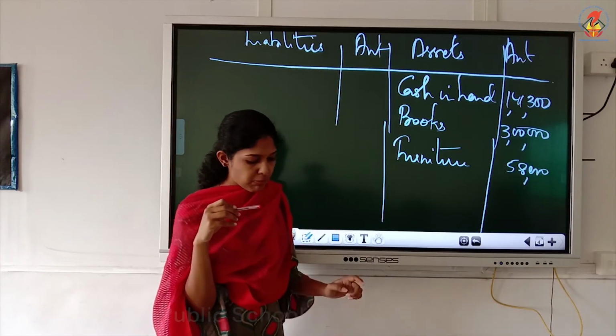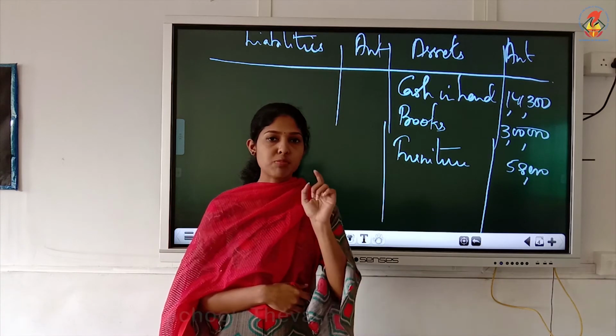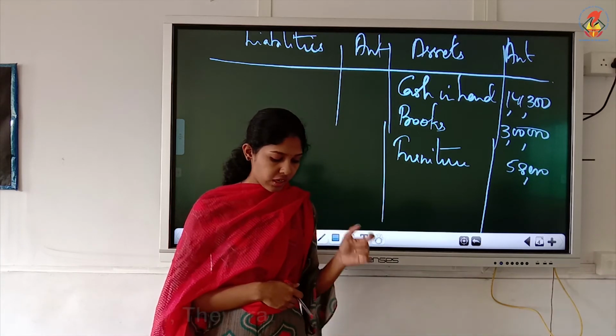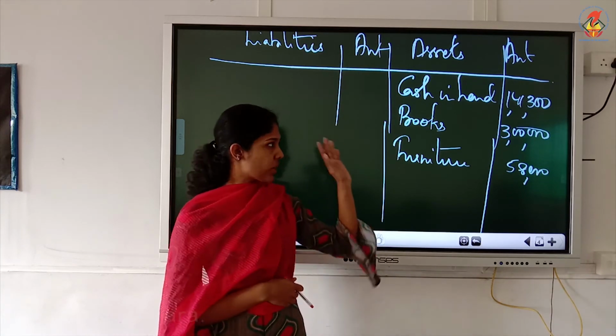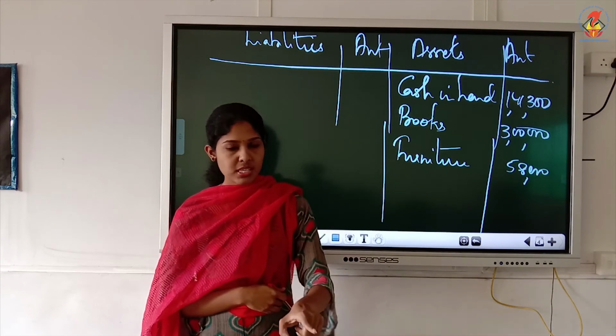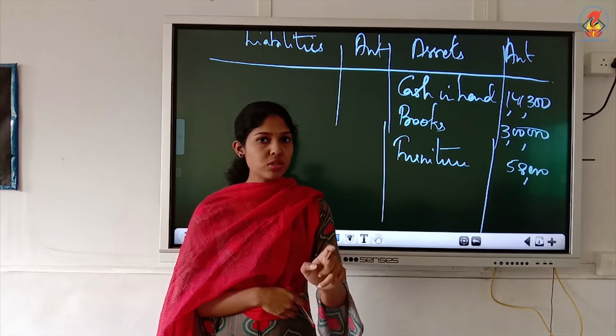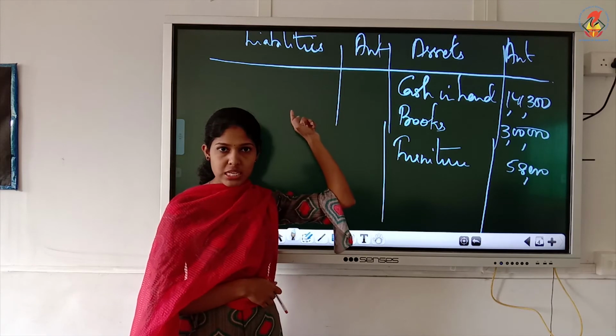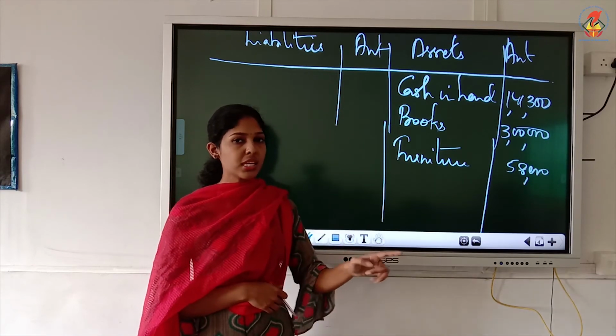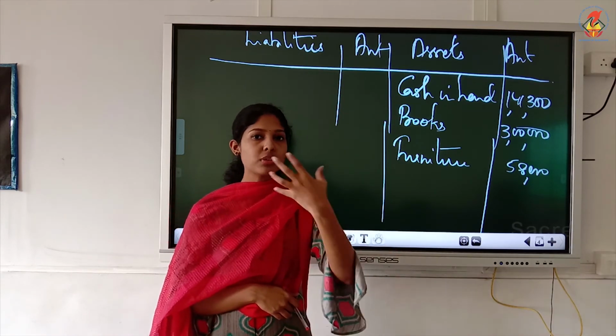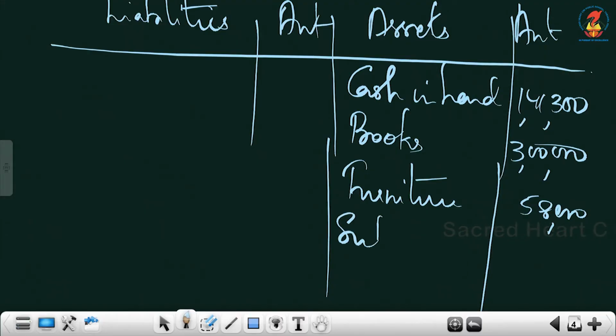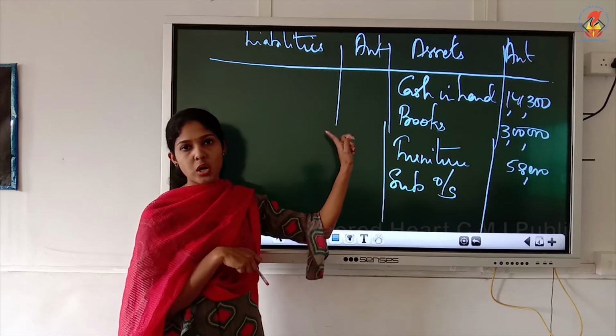Then subscription in arrears, that is subscription outstanding, and the opening figure given is 6,000, which we have to take here. But on which side? That is an outstanding amount, but will you write it on liabilities? No. Outstanding here means receivable. We have to receive that subscription. So that must come on the asset side. Don't write subscription outstanding on the liabilities.